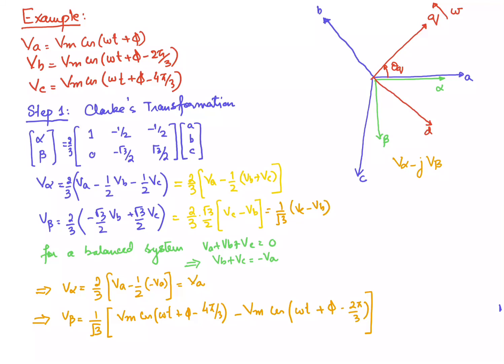Because this beta is positive over here, lagging behind the alpha axis. If you look at the x-axis reference and the y-axis reference, this is at the negative part of the y-axis, so we will be considering this part as the negative one. So we are going to work with V alpha minus j V beta, which will represent our space vector in this alpha beta frame of reference.